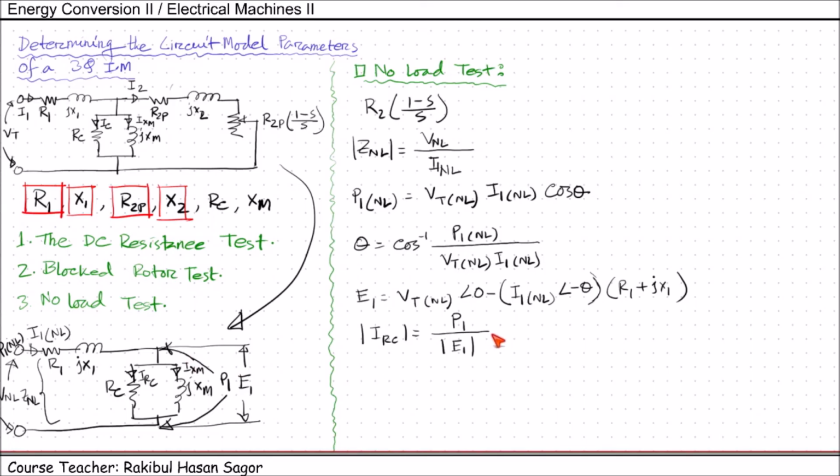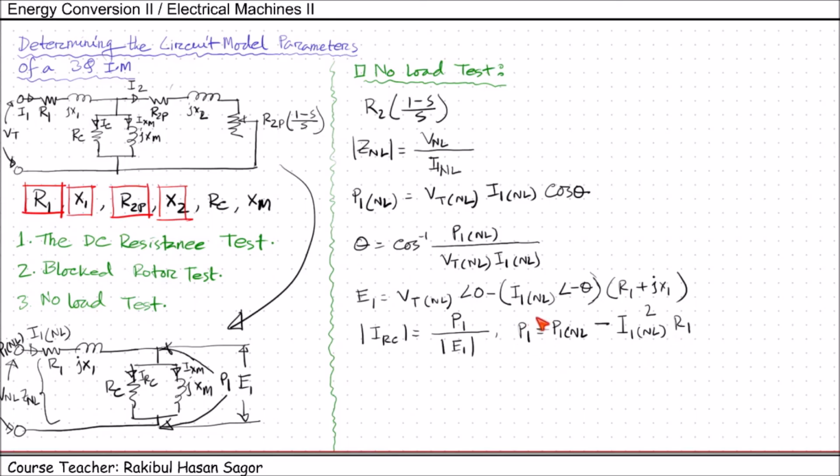This can be found using this equation: P1 equal to P1 under no load condition, that is the terminal power, minus the power consumed at this terminal, that is I1 under no load condition squared multiplied with R1.